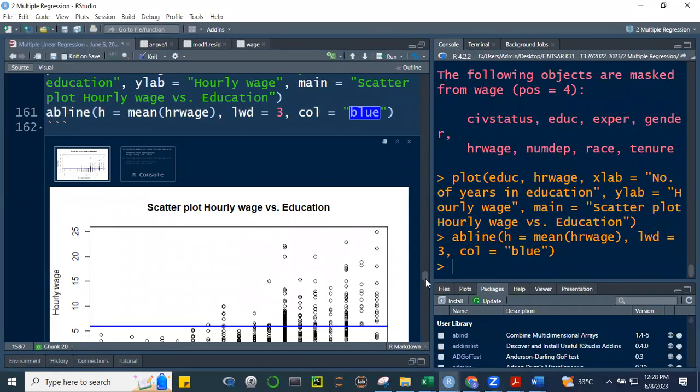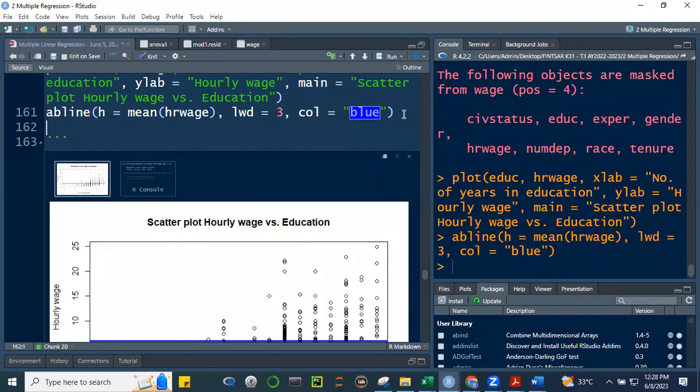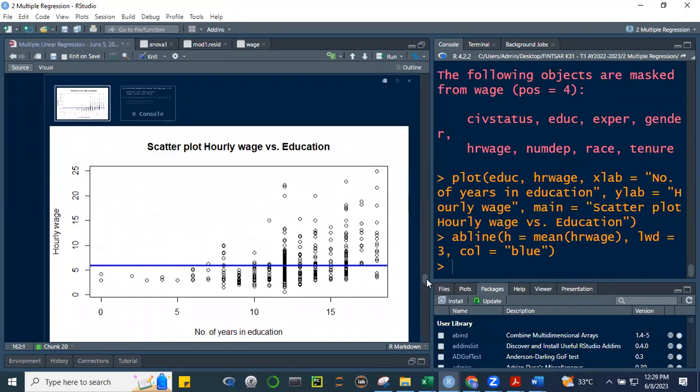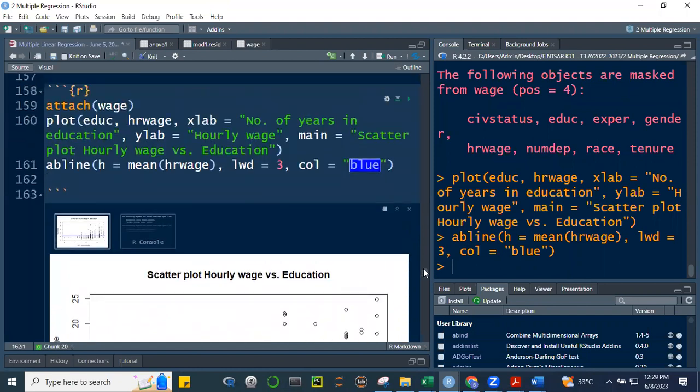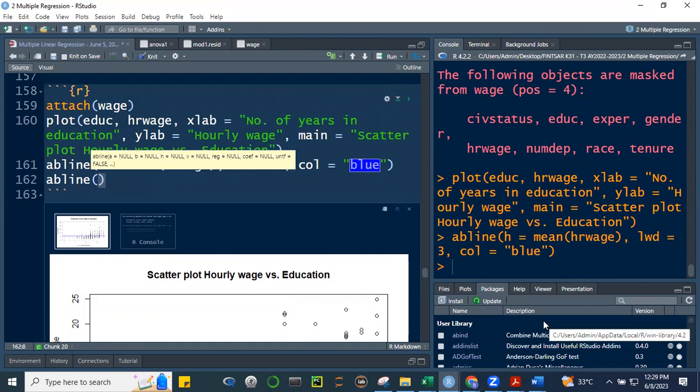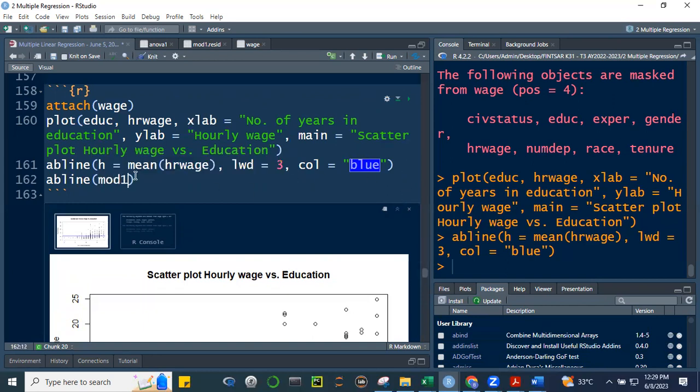Okay. So, this time, class, ang gawin natin, magdagdag na naman ulit tayo ng AB line, no? Idagdag natin AB line, okay? Tapos, di ba meron na tayong model 1, di ba? Right, class? We already have our model 1. So we can make use of that. Okay? AB line natin, tapos model 1 is your regression line, di ba?